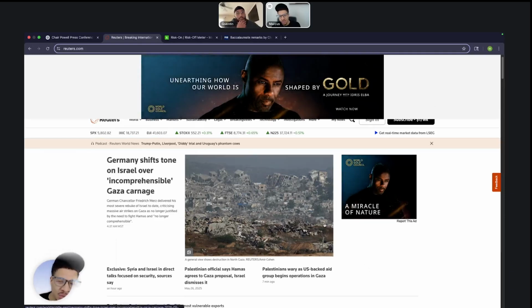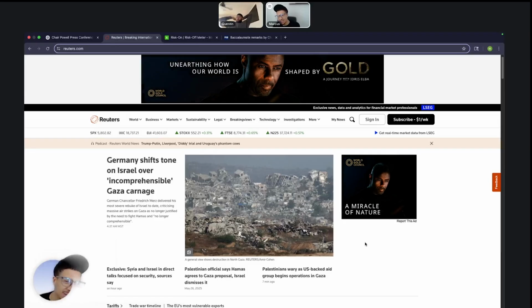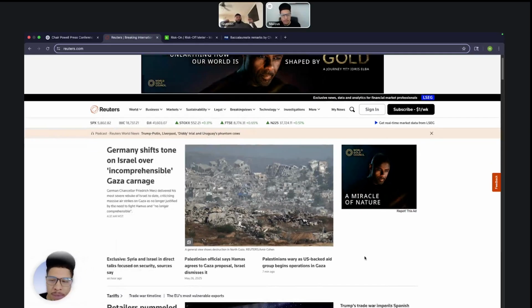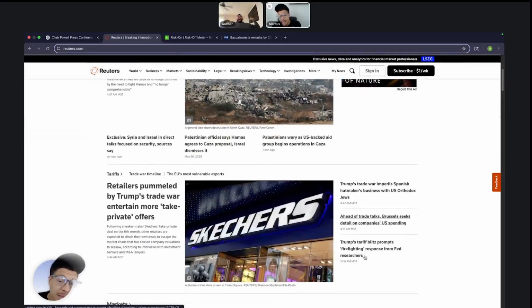This more has to do with the global geotensions. I don't know how to say that to you, but that separates what Reuters does from TradingView, because Reuters does have stuff that TradingView has, but Reuters also has stuff that TradingView is not even going to have on their site. Sometimes it will, but sometimes it won't, right?